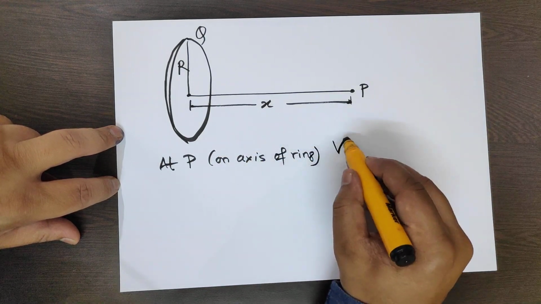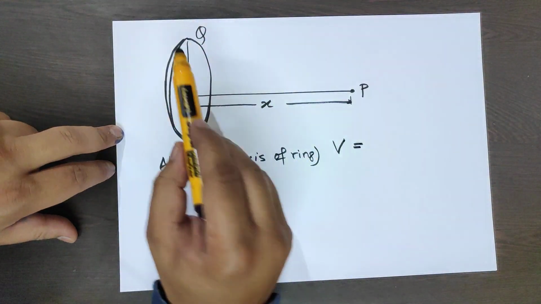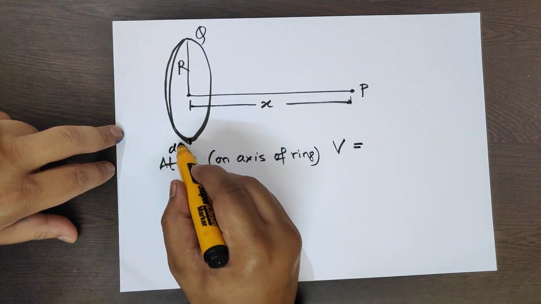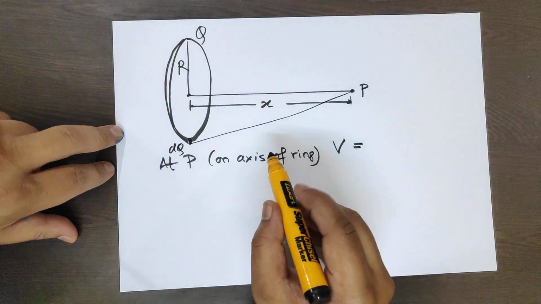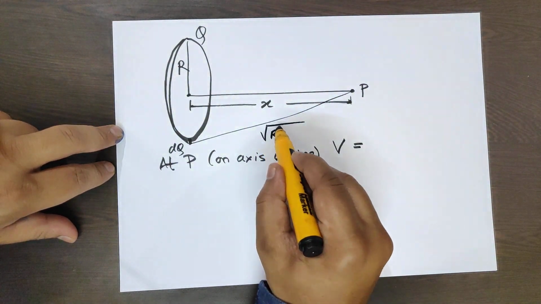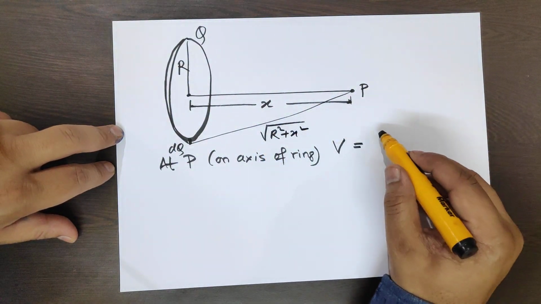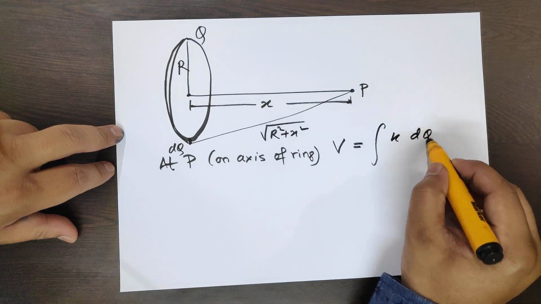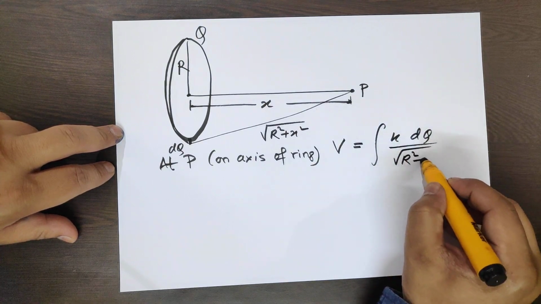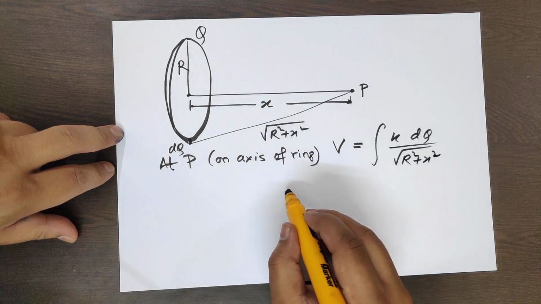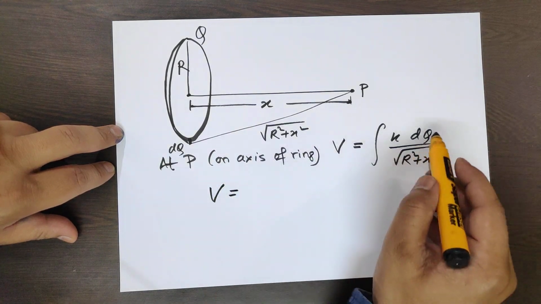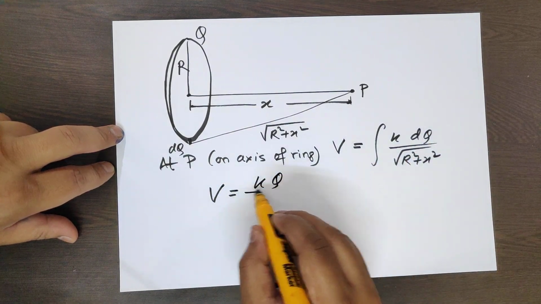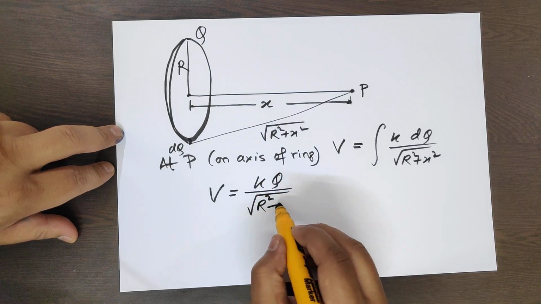For calculating potential, consider these dq charges. Now it is equidistant, right. So this distance is root over r square plus x square. So it is integration of k dq by root over of r square plus x square. In this integration, the dq will sum up to give q, so V is kq by root over of r square plus x square.